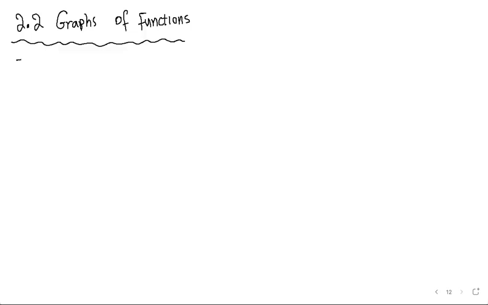So first thing, we have to go over how to graph a function by plotting points.